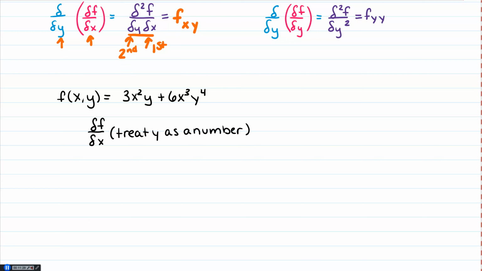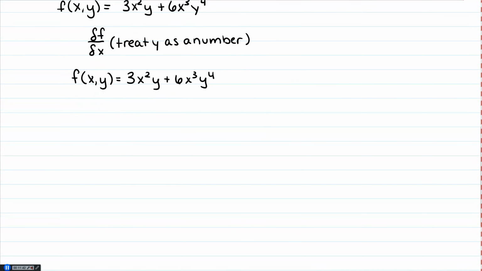So I'm just going to rewrite my problem here so I can put arrows. So 3x squared y plus 6x cubed y to the fourth. Now if I want to take this derivative with respect to x, here on this first term, the 3 and the y are constant.